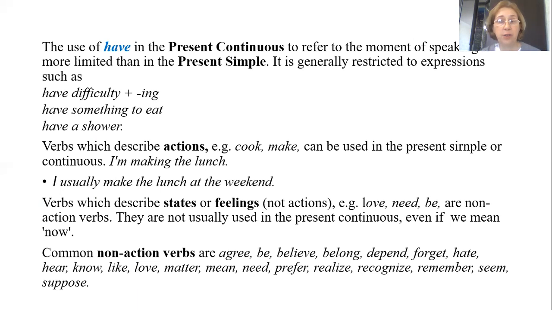It is generally restricted to expressions such as have difficulty doing something, have something to eat, or have a shower. We can use have with this meaning in the present continuous form. For example, he's having difficulty speaking English, or we are having something to eat now, or I'm having a shower, I can't answer the phone, and so on.